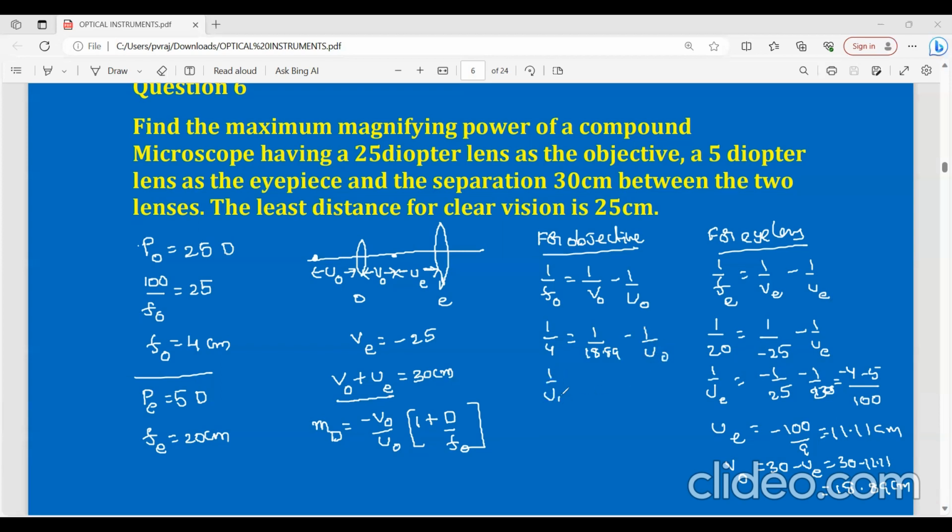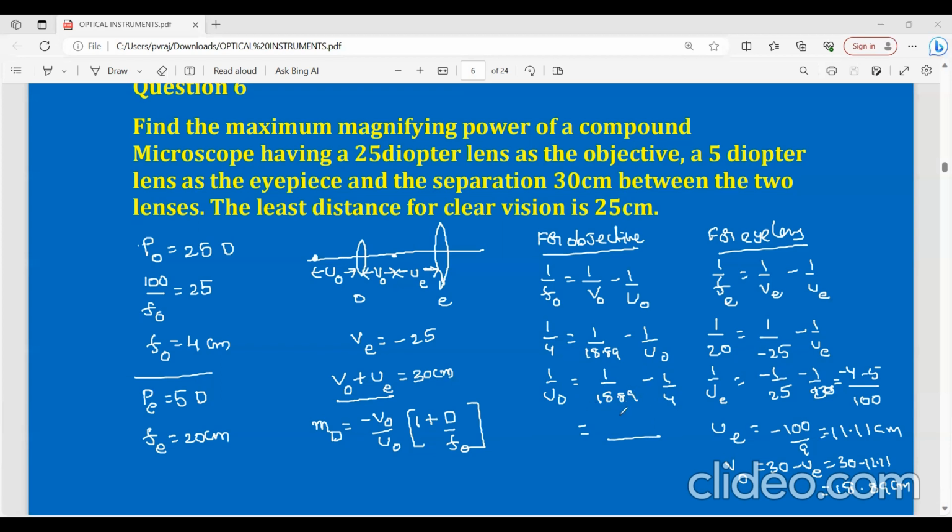So 1 by U naught will be 1 by 18.89 minus 1 by 4. The LCM will be just the product of these two only. That will be nearly, I will take it 19 only.